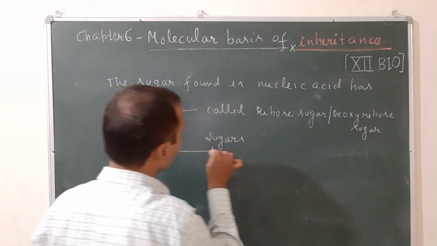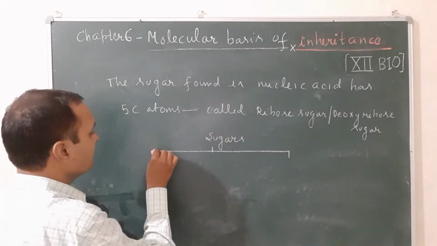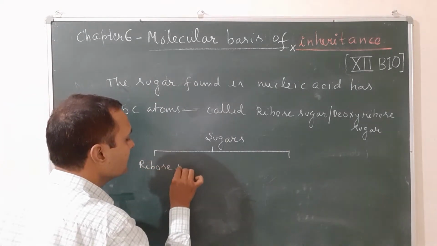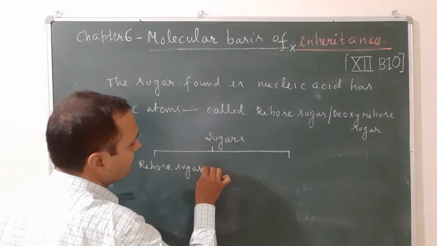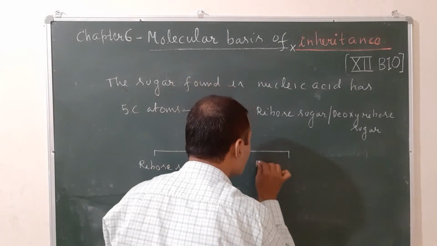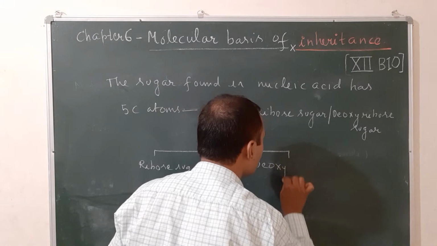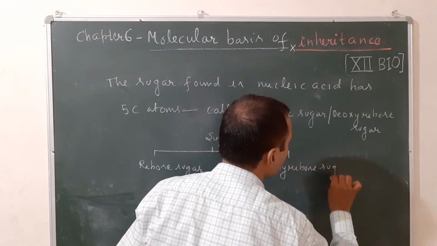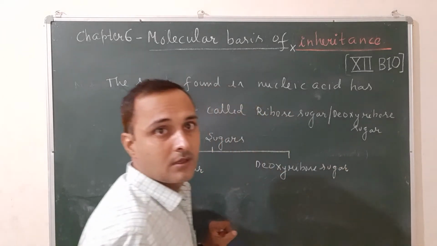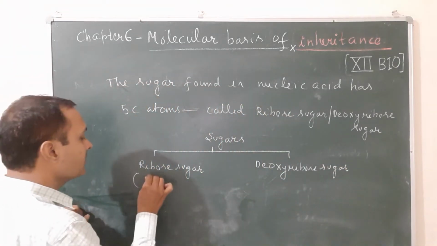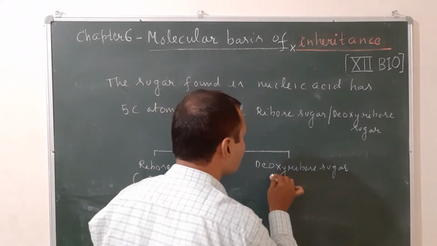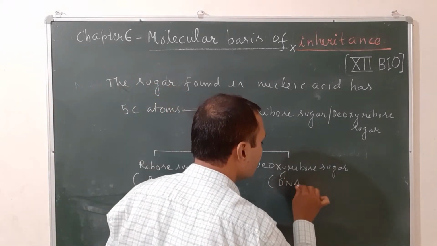The first one is known as ribose sugar and the second one is known as deoxyribose sugar. Ribose sugar is found in RNA, and deoxyribose sugar is found in DNA.